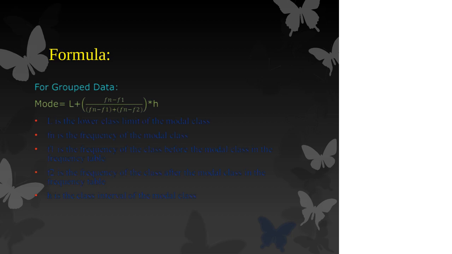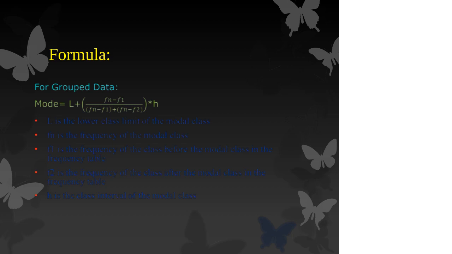When we looked at the frequency, the highest frequency was 32, and that gives us the modal class. So we don't use the old classes, we use the classes that we have now: 69.5 to 79.5. The lower class limit is 69.5, so our L is going to be 69.5. Are we together, guys?